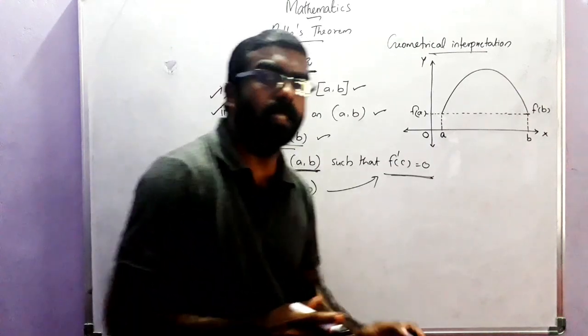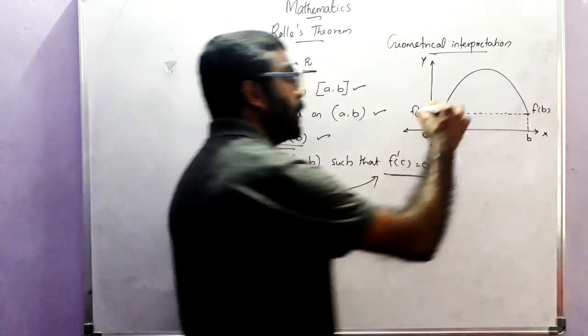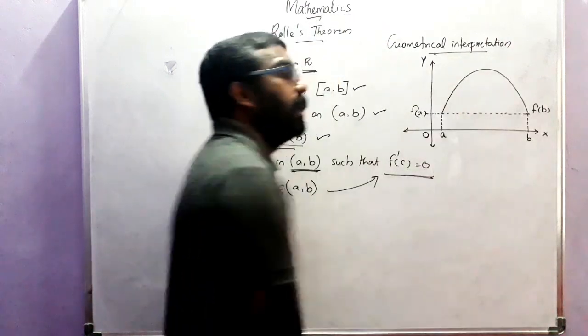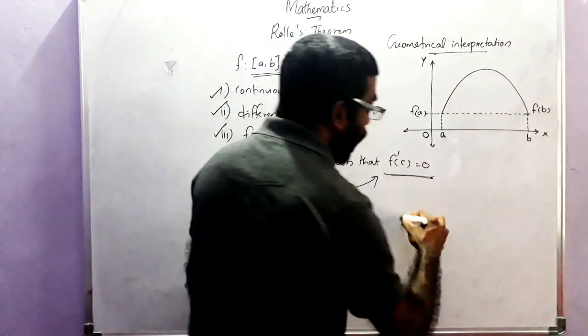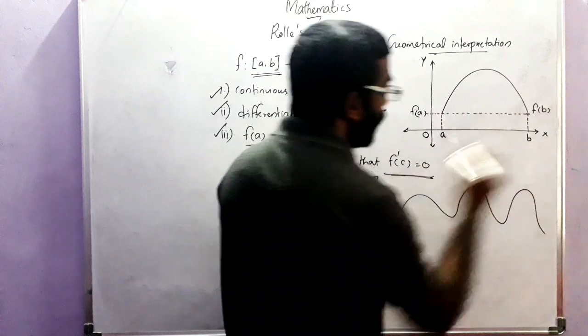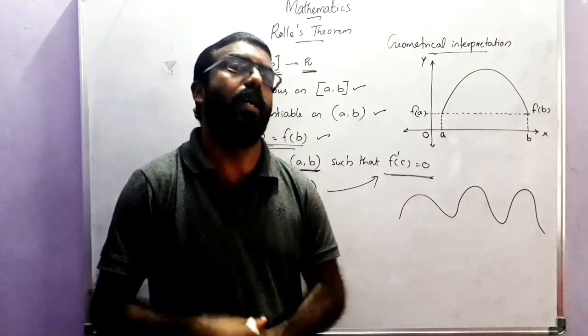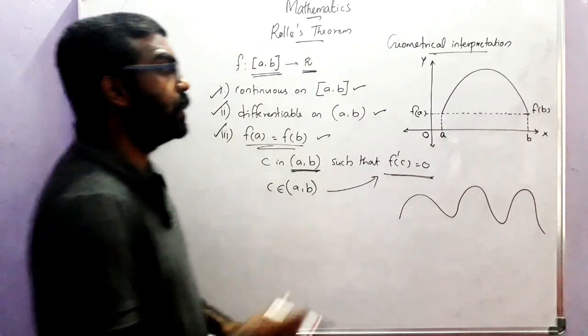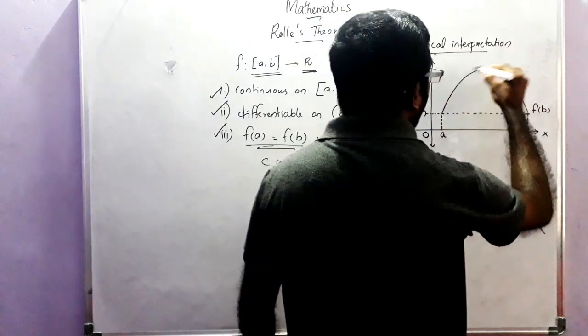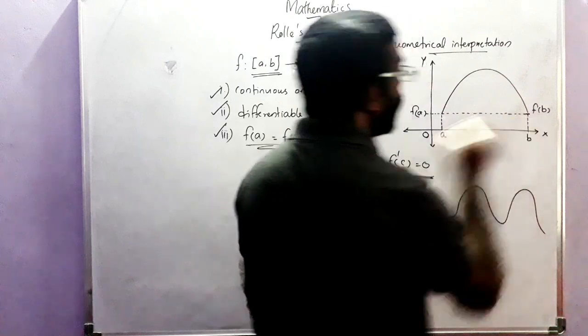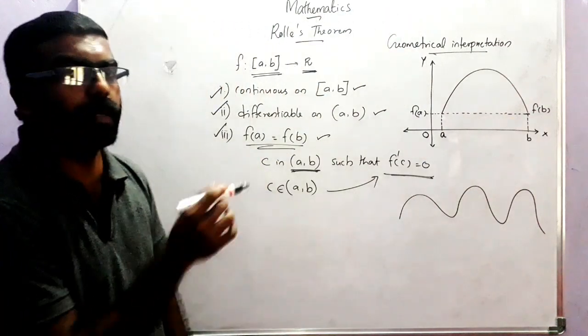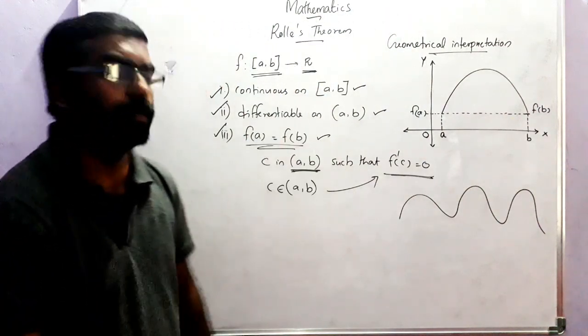And clearly the function is continuous because we draw the graph without lifting the pen from the paper. If we can draw a curve without lifting the pen from the paper, then geometrically we can say that the function is continuous. Clear? So here we can easily draw a smooth curve without lifting the pen from the board.